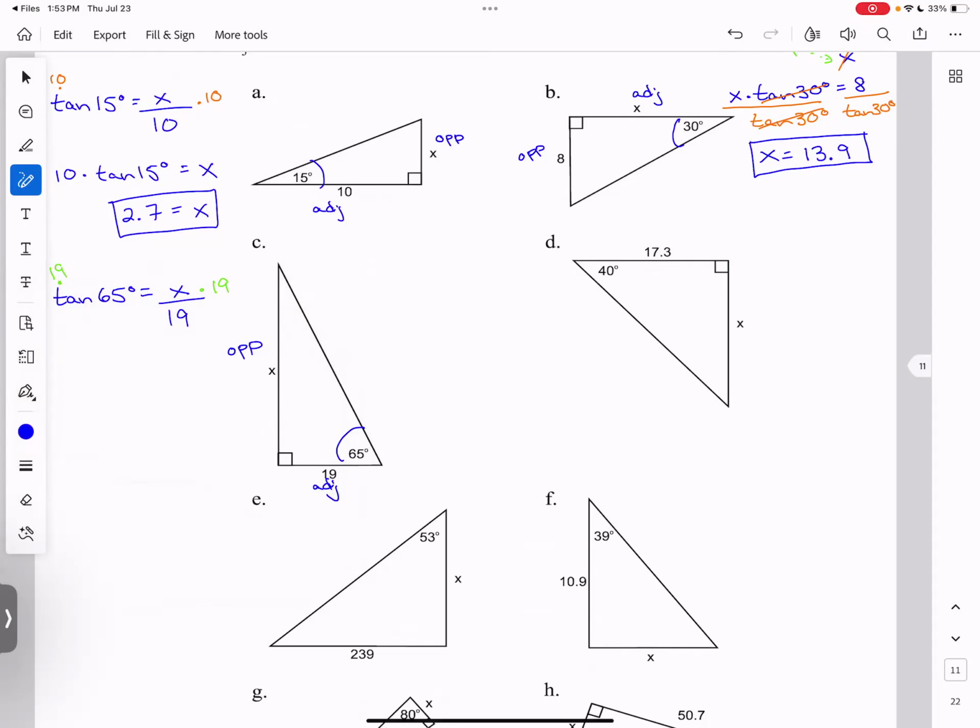But so that would be 19 times tan of 65 degrees is x. And so I can punch that into my calculator now. And I get 40.7.